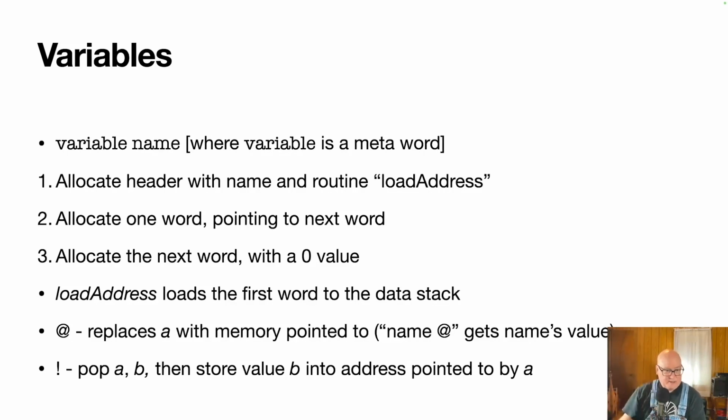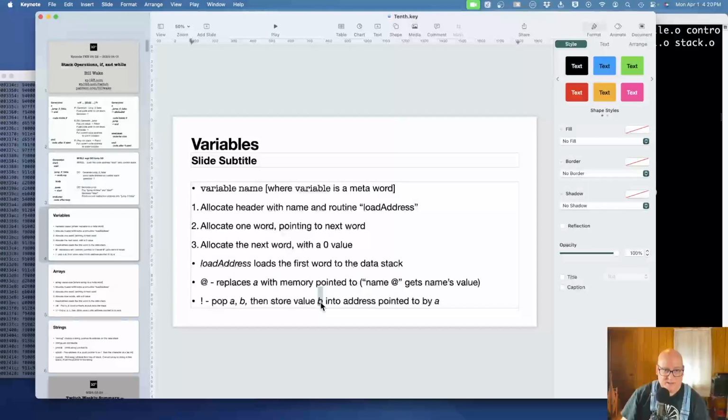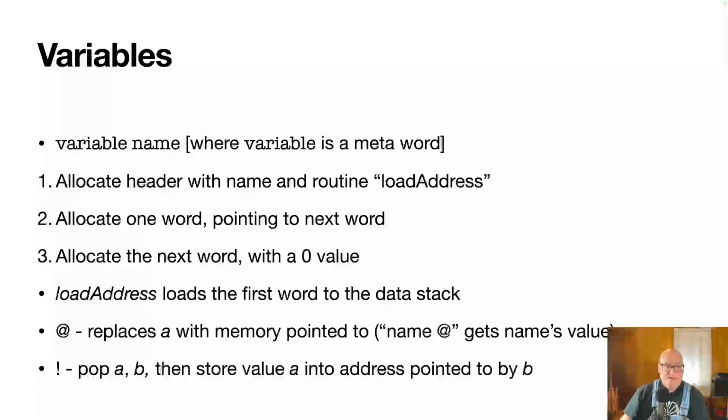Oh, I got that backwards, don't I? Let's swap that. Store the value A into the address pointed to by B. Okay, go back up. So if I push name and then 7, I want to store 7 into name. And that gives us the bare minimum for variables.